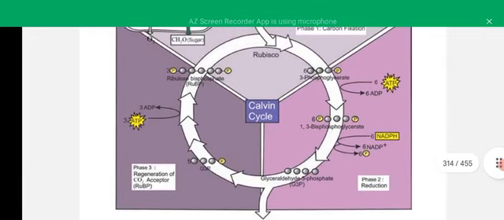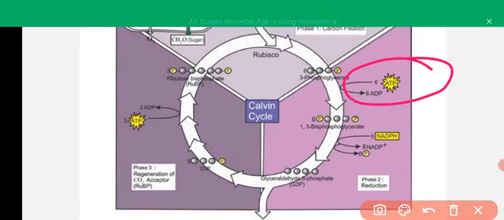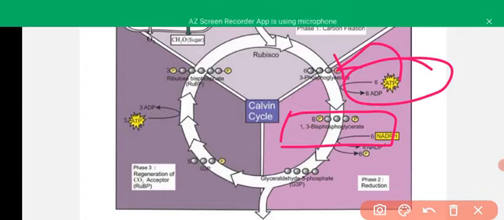First of all, there is phosphorylation. 6 ATP are used here, and 3-phosphoglycerate is converted into 1,3-bisphosphoglycerate: the phosphate at carbon number 3 already existed, and a second phosphate is added to carbon number 1, so it becomes 1,3-bisphosphoglycerate. Then it is reduced to glyceraldehyde 3-phosphate.